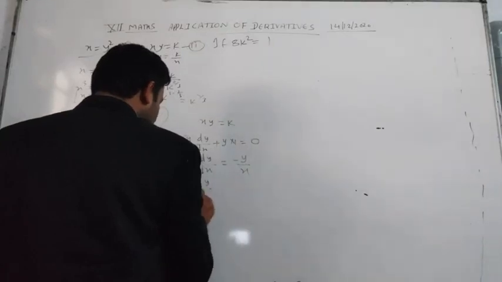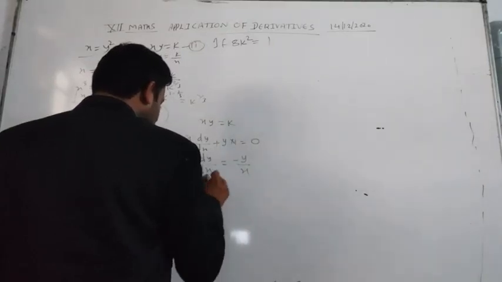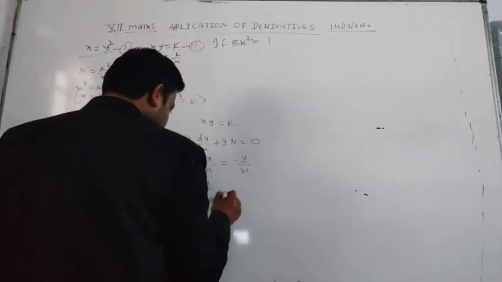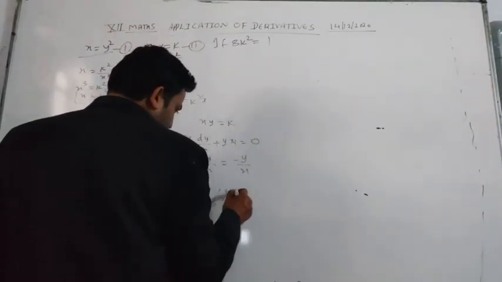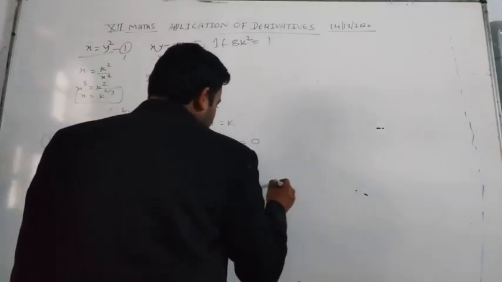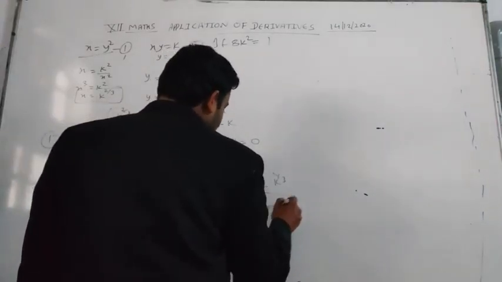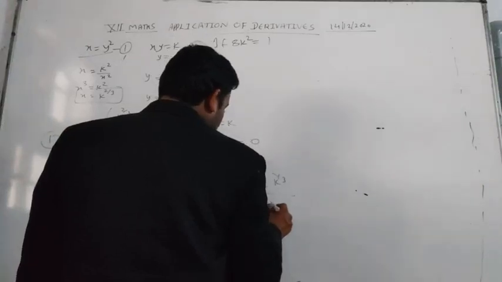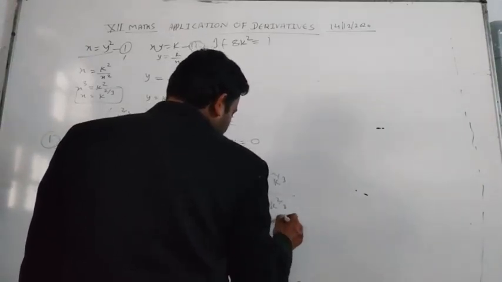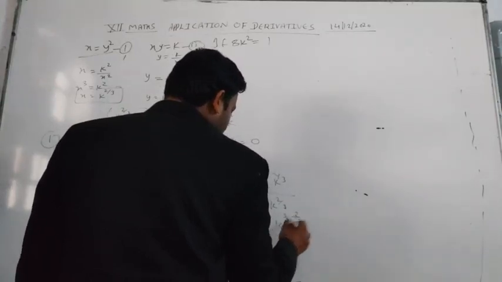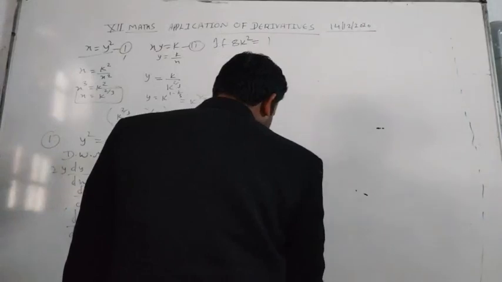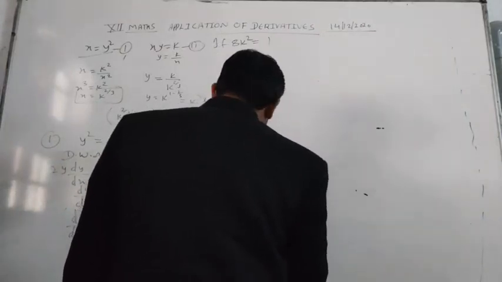So dy by dx at the point, y is k to the power 1 by 3 upon x is k to the power 2 by 3, which is minus k to the power 1 by 3 minus 2 by 3, minus k to the power minus 1 by 3.